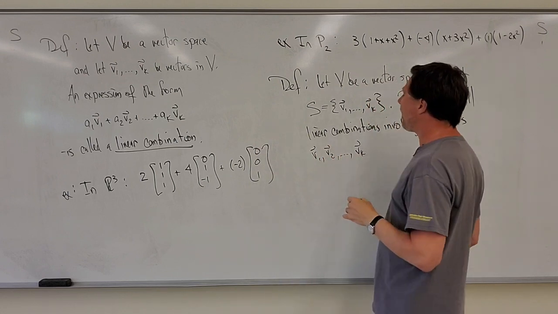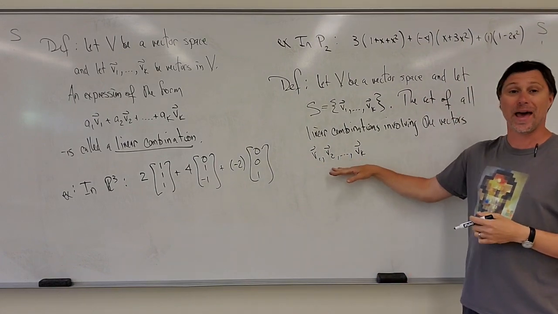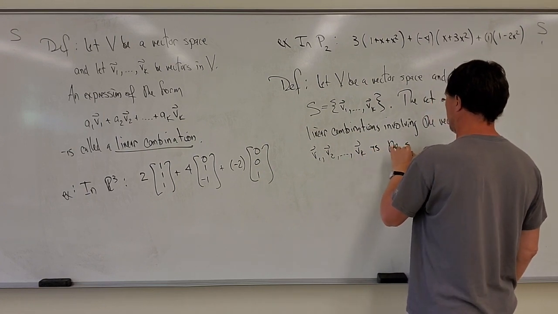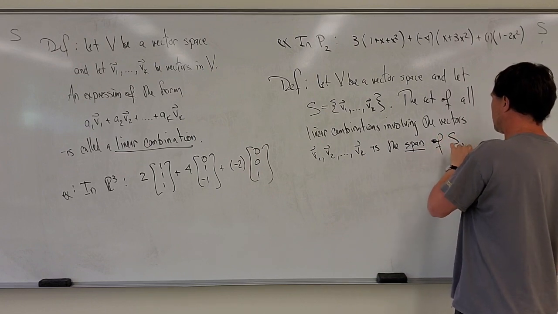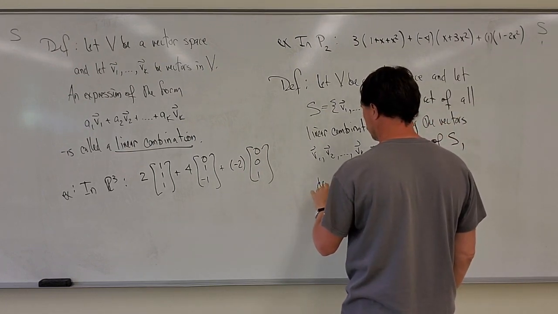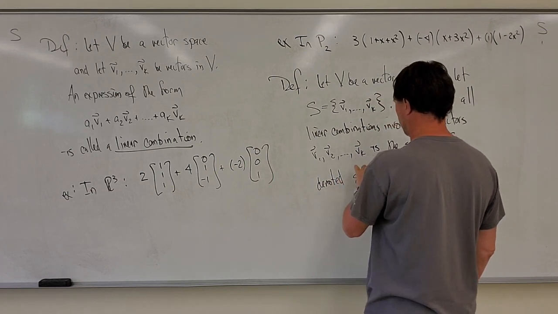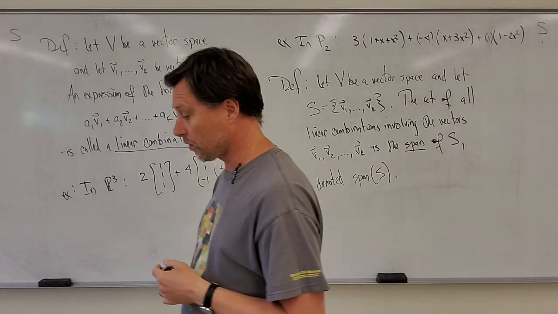So we do all possible linear combinations that you could ever create using the vectors from S. This is called the span of S, and it's denoted span, nothing fancy here, span parentheses S, right? So that's called the span of S.